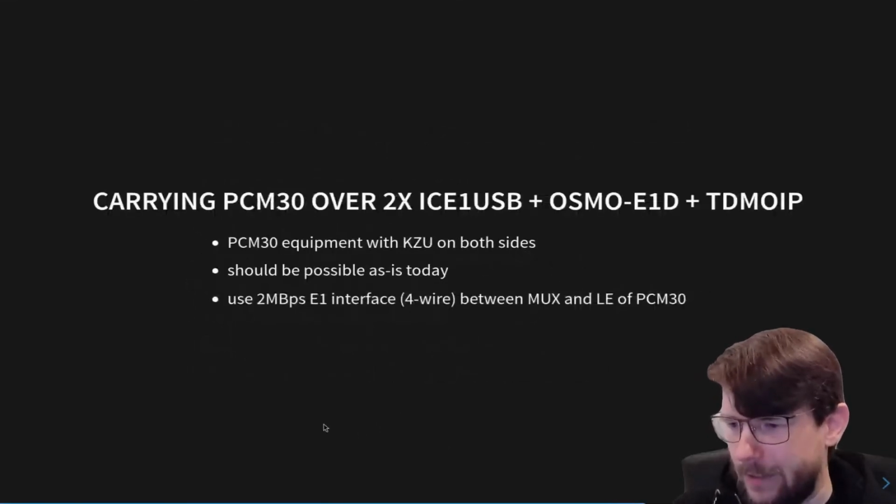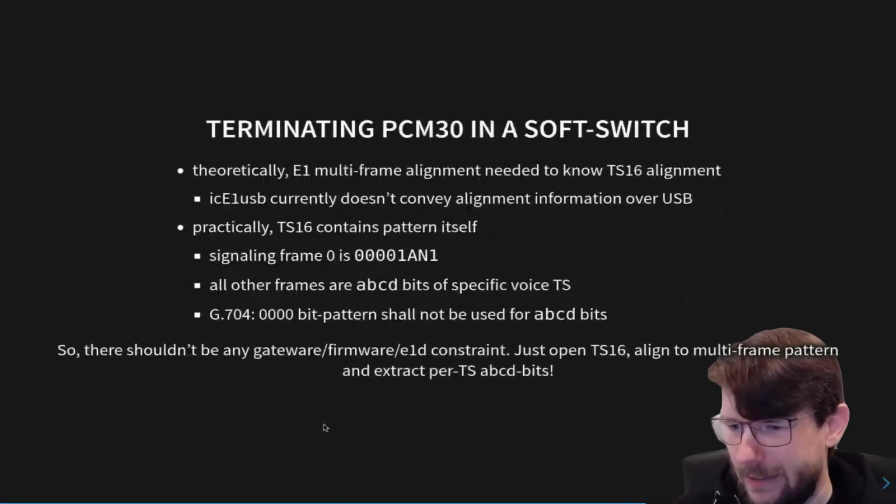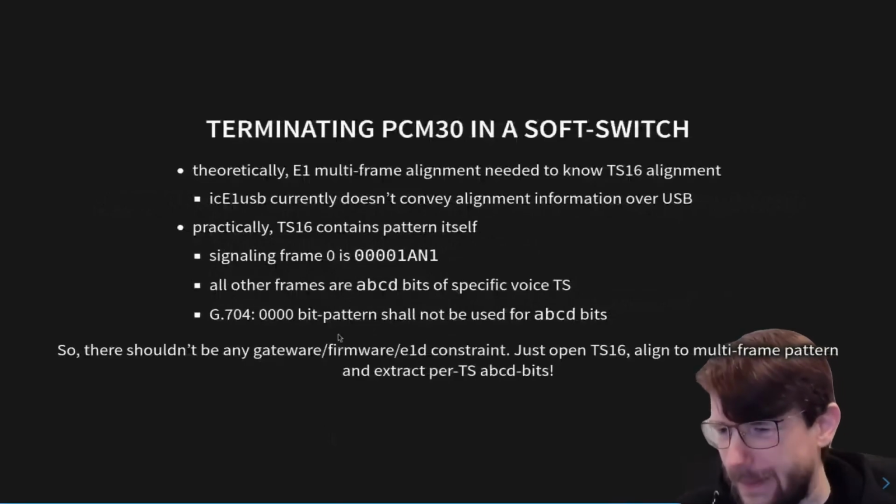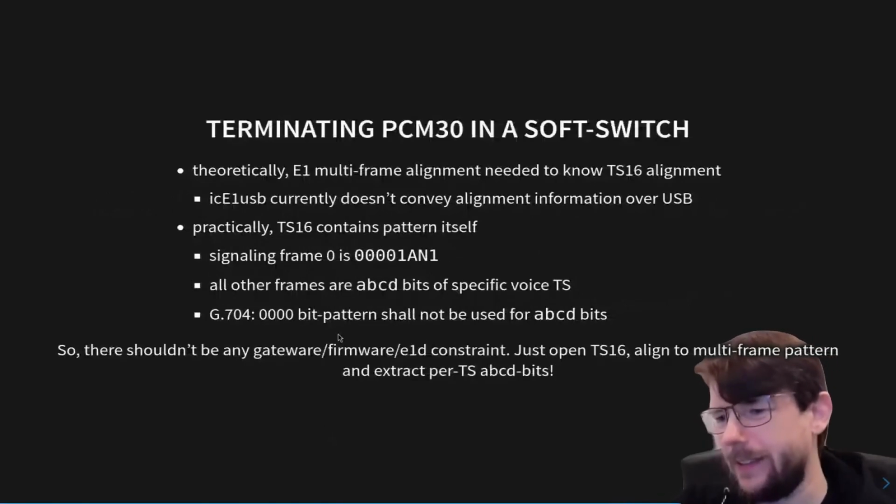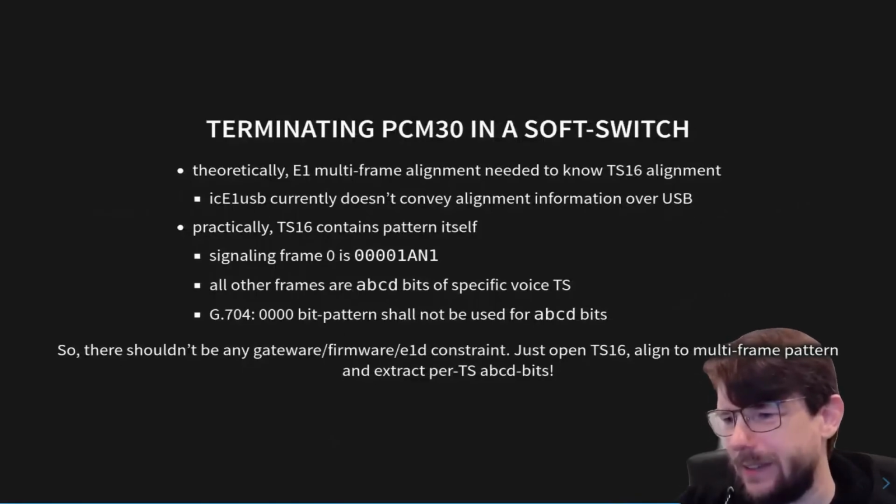Now the question is how to do it in the detail. The devil is always in the details. So theoretically, the E1 multiframe alignment needs to know the TS16 alignment, but the ICE1 USB doesn't preserve that alignment.